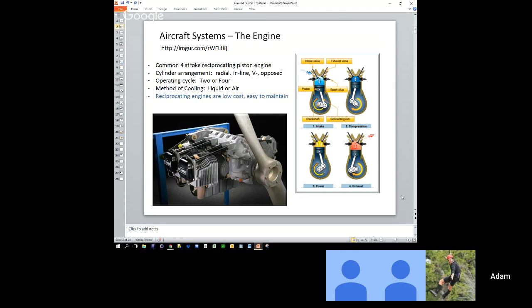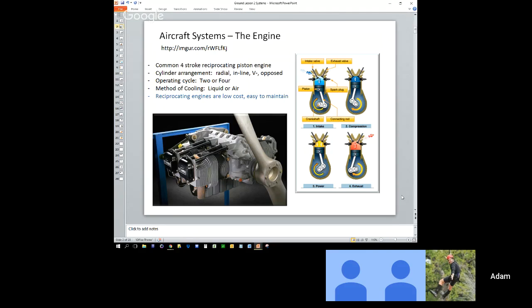If you are a World War II aircraft junkie, you'll know that a lot of aircraft in that time period used radial engines. But fast forward to today, and aircraft engines, for your light aircraft, are predominantly opposed engines.